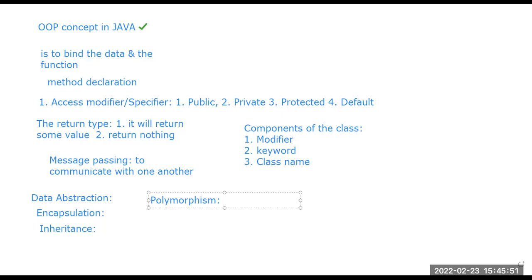These are drawbacks that are not addressed in C programming, but in Java and object-oriented programming we have implemented them. That is the main reason for this concept in object-oriented programming.